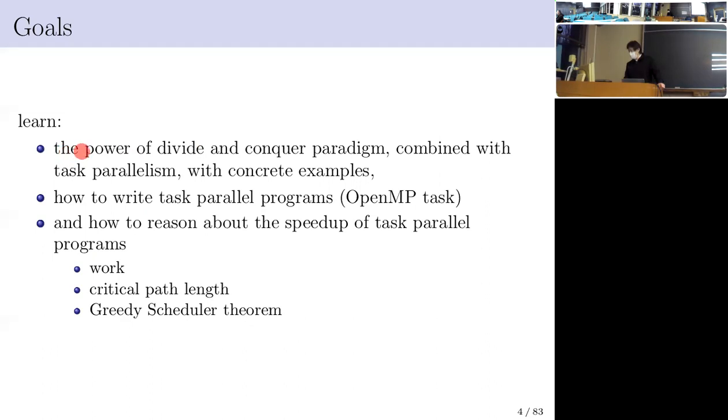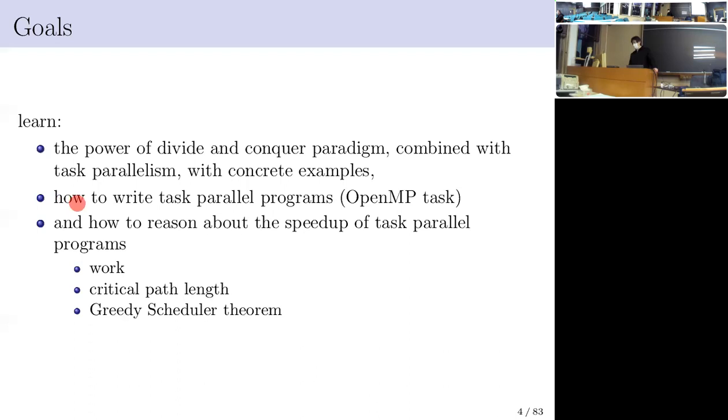Here are today's conceptual goals. One is to understand and appreciate the power of the divide and conquer paradigm, combined with task parallelism, which is a very suitable method for parallelizing such algorithms. So we discuss it with concrete examples and some exercises.